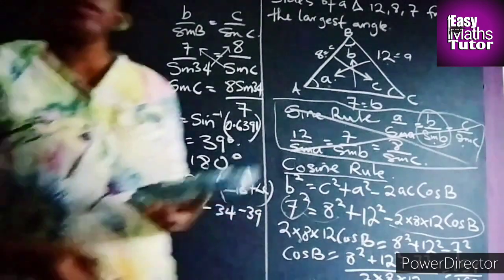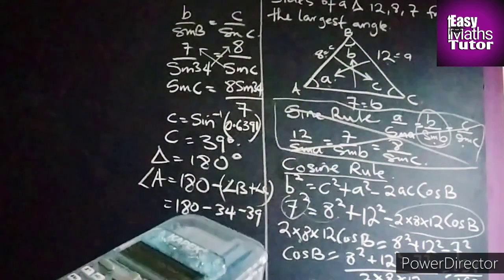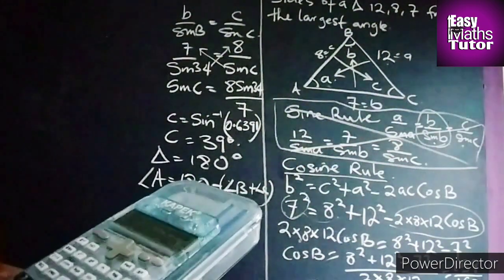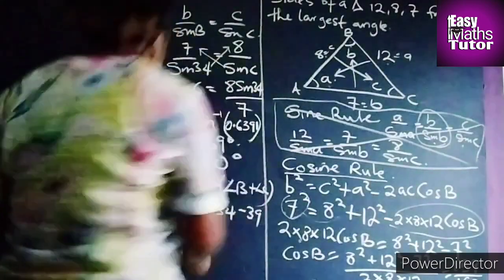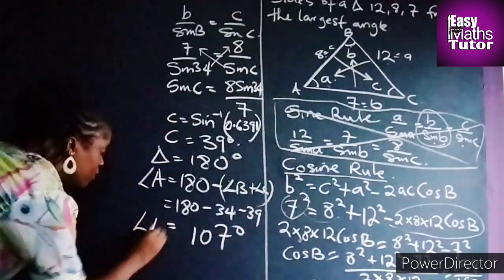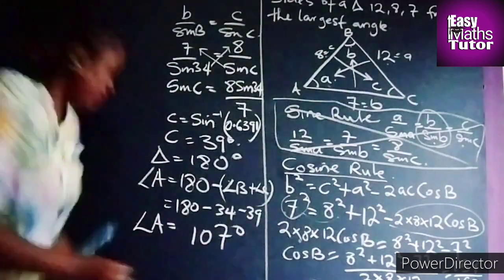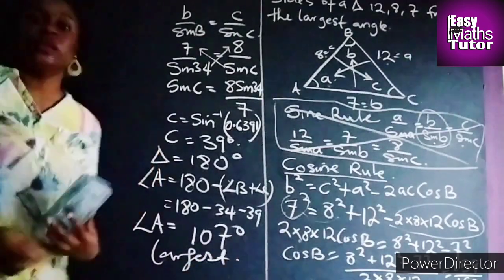That gives us 107 degrees. So angle A is the largest of all the angles.